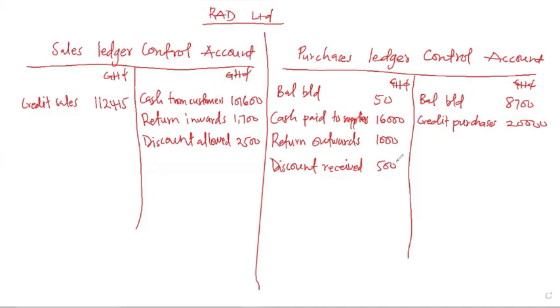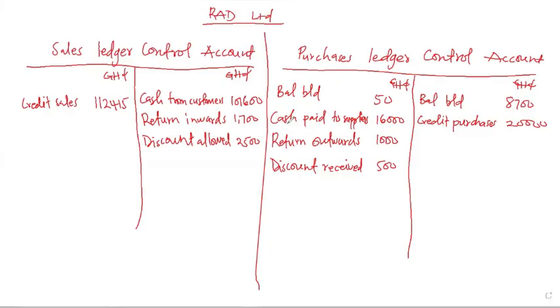Then the next one is cash paid to suppliers in error, now refunded. Here, this cash that has been paid, we are now refunding some amount of it. So it's like it is an error and we are correcting it.